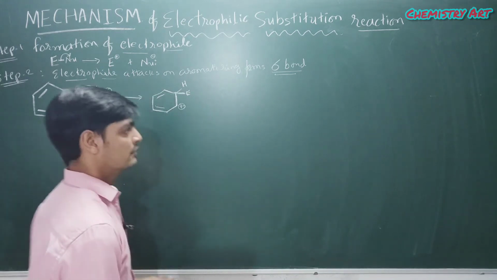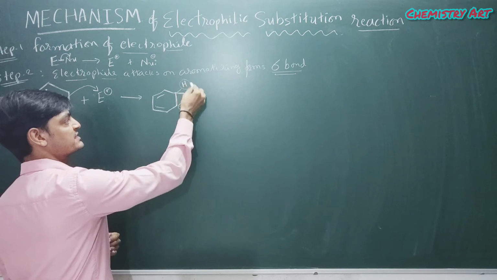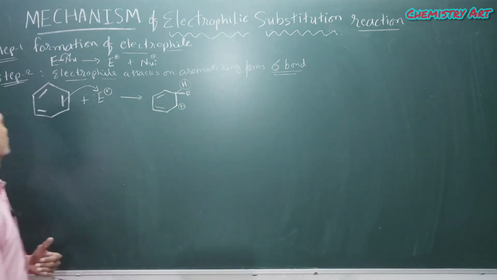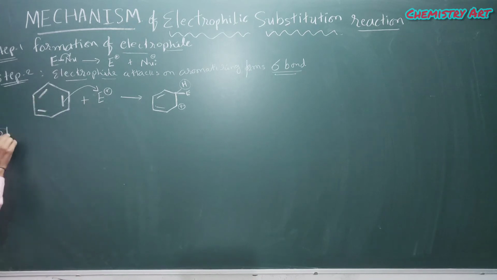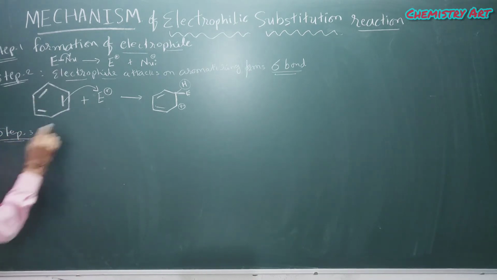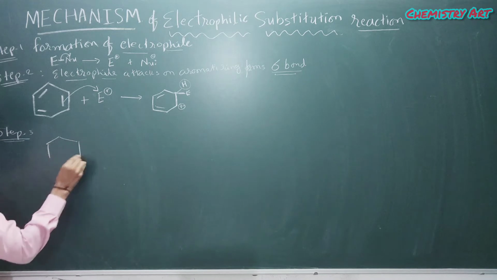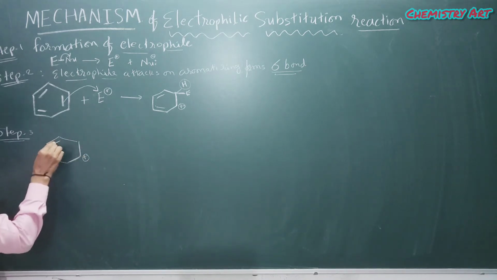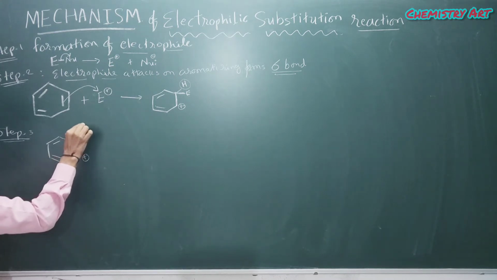And this is how the hydrogen will be substituted with the electrophile. Now step number 3, this positively charged cation, the structure is like this.